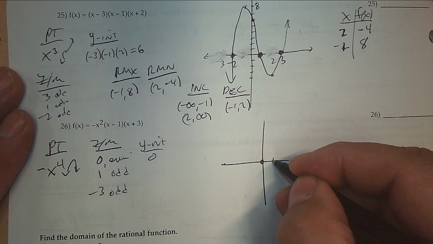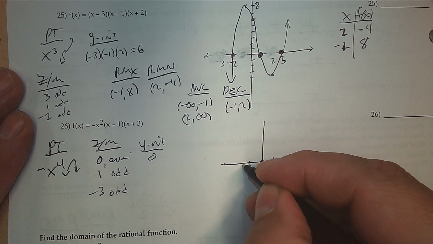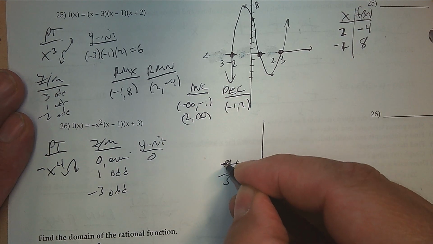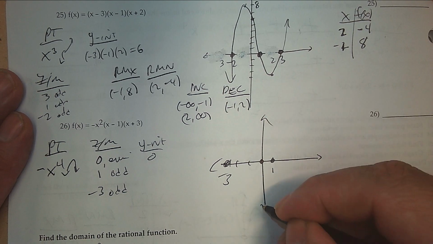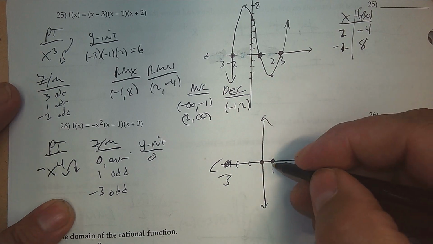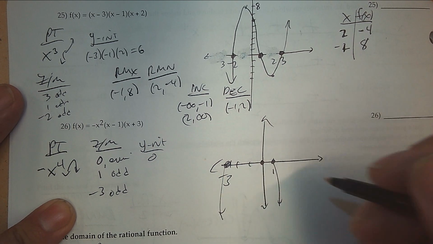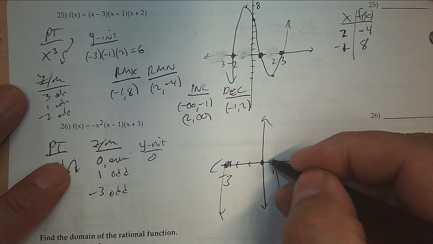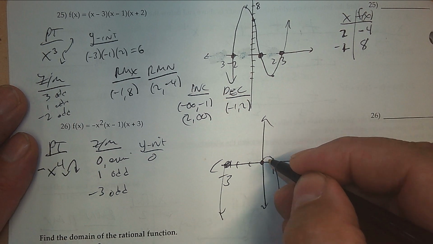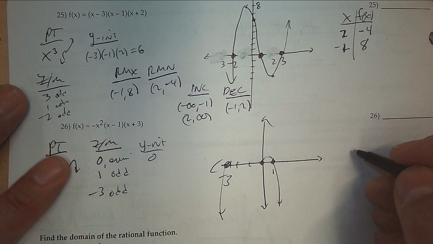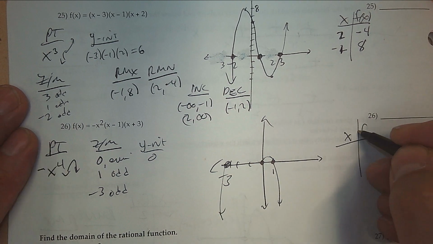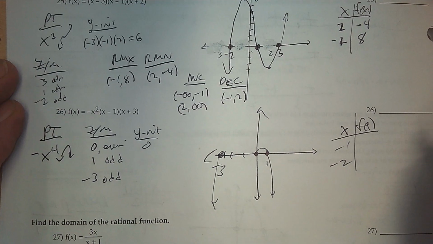See if I can do this one right. So I know that both ends are going down. I know at 0 it's going to touch. So in between here, it's going to come above and touch. I'm going to find values at negative 1 and negative 2 to help complete the graph.